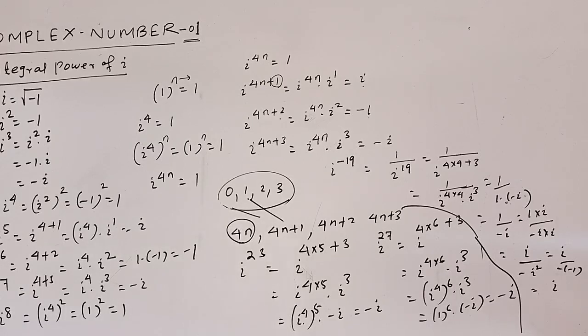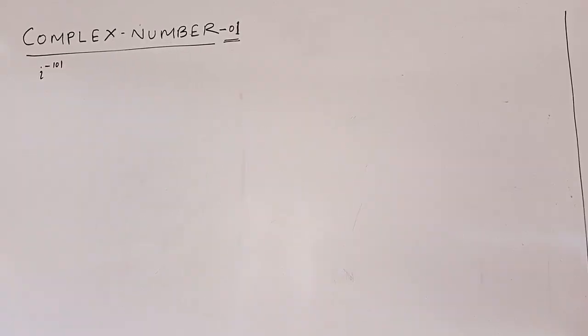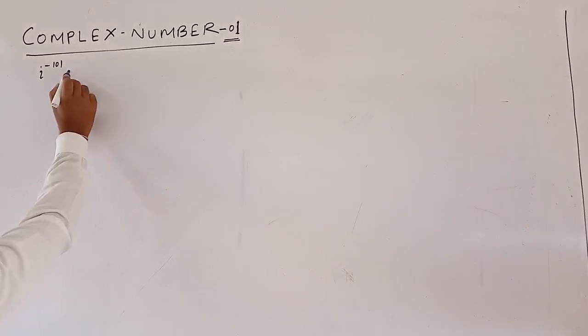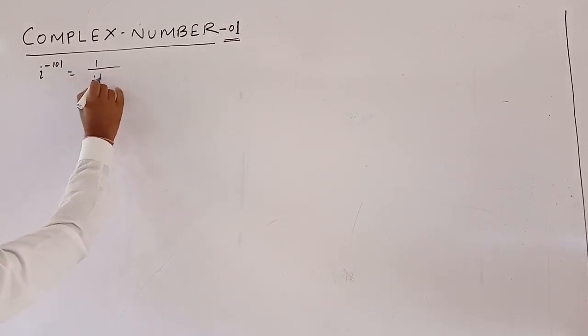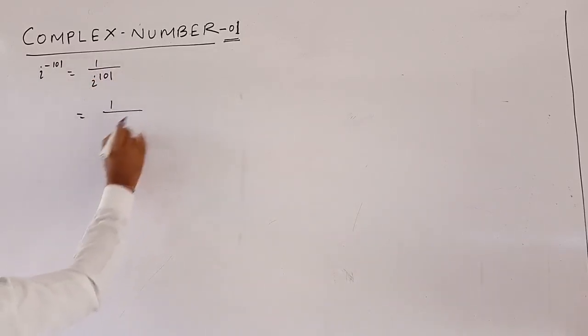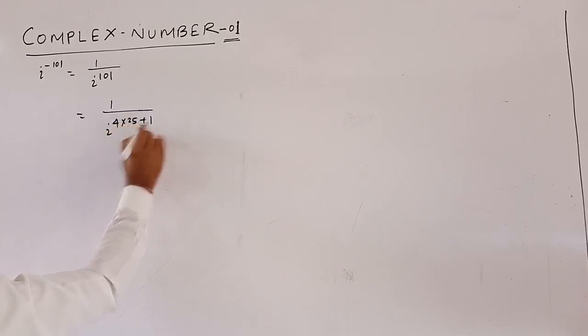i to the power -101. So i to the power minus 101 means this is the negative power of i, so 1 by i to the power 101. Divide 101 by 4: we get 4 into 25 plus 1, so the remainder is 1.